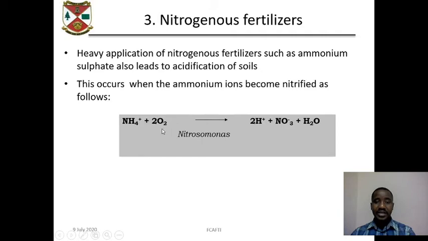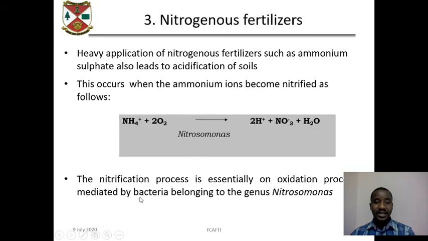Ammonium will react with oxygen, and this reaction is facilitated by bacteria from the genus Nitrosomonas, and this ammonium will react with oxygen to produce two hydrogen ions and nitrate and water, a water molecule.